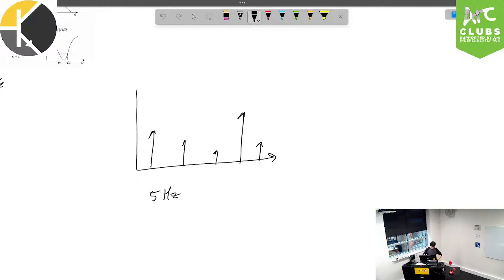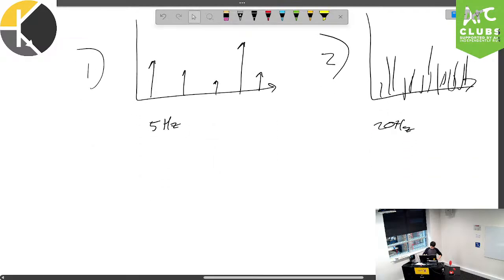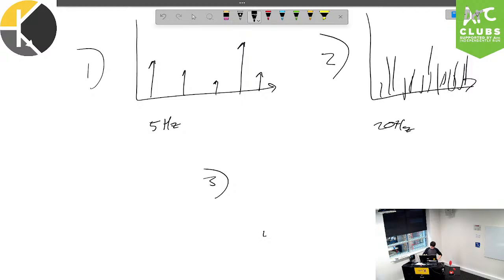Fantastic. So this will just be number 1. We'll make number 2. Let's say it works at 20 hertz. However many that is. And we'll have system 3 working at 4 hertz.